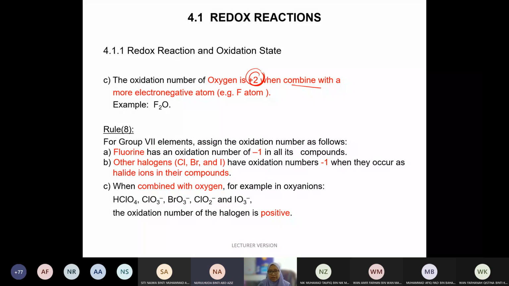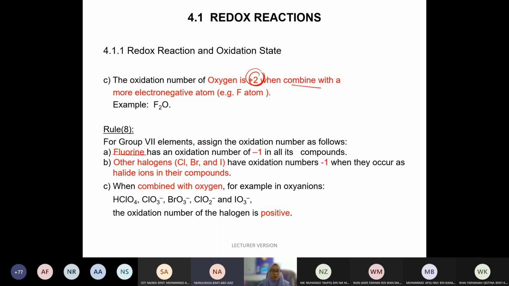For group 17 element, assign the oxidation number as follows. Okay, like I said, fluorine, chlorine, bromine and all dengan dia punya adik-beradik, all the sibling from group 17. Okay, so group 17, what is the most electronegative group in periodic table?